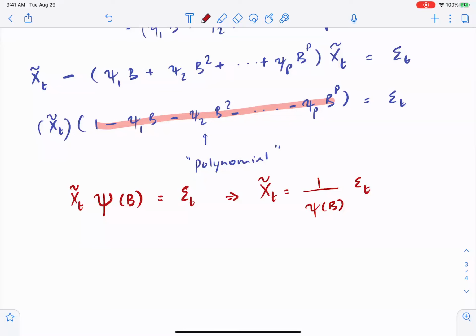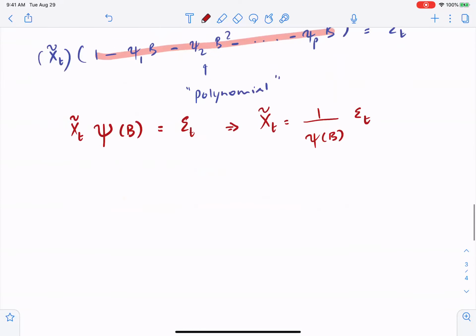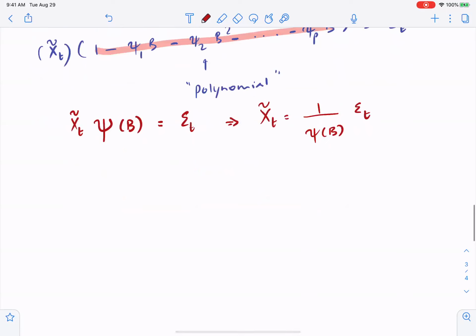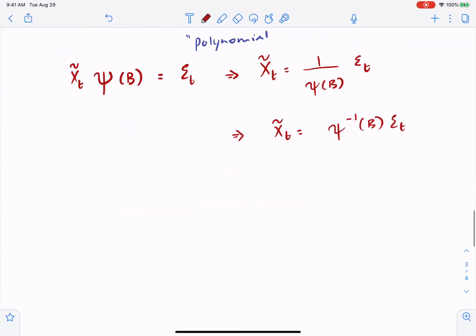Write it that way. One more step, algebra. Psi inverse of, sorry, psi raised to the power of minus 1 of B.